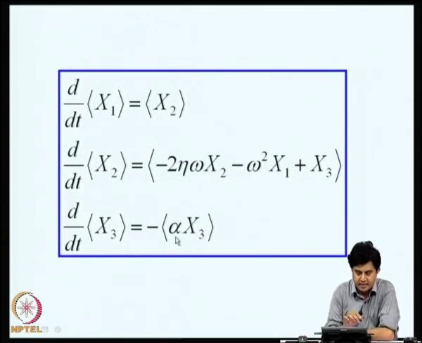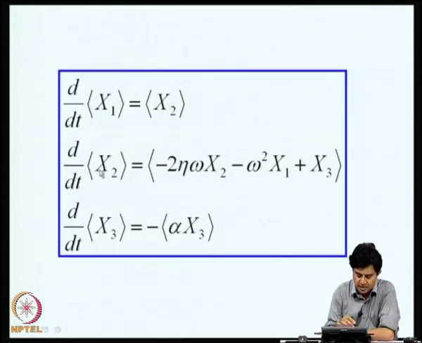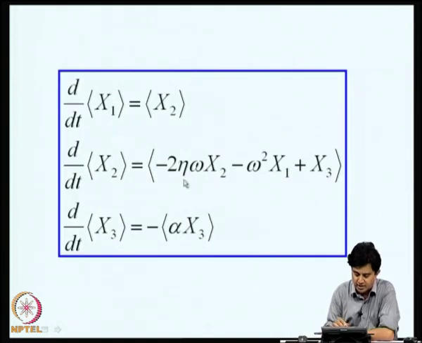So, if we start by taking h is x1, the derivative of expectation of x1, if we go back here, is x2 into dou h by dou x1, where dou h by dou x1 is 1, so it is the expectation of x2. Similarly, if h of x comma t is x2, dou h by dou x2 is 1, therefore, I get on the right hand side the expectation of minus 2 eta omega x2 minus omega square x1 plus x3.